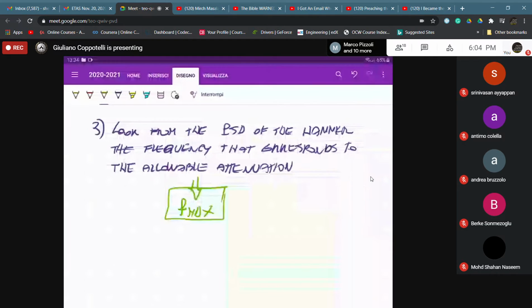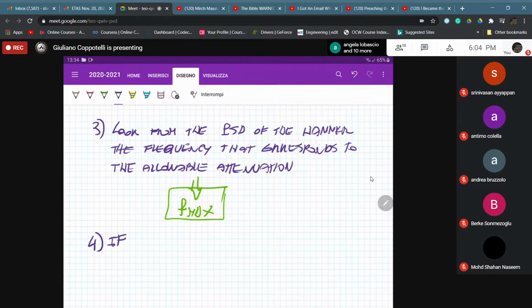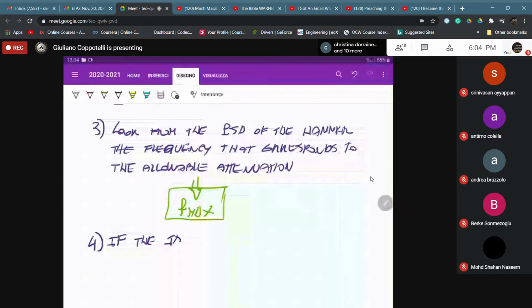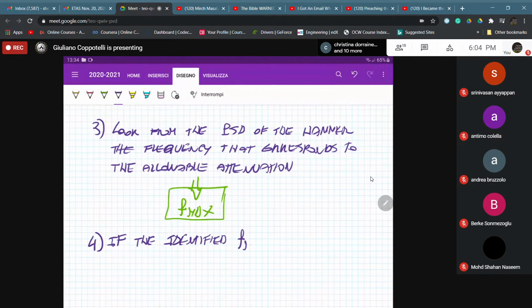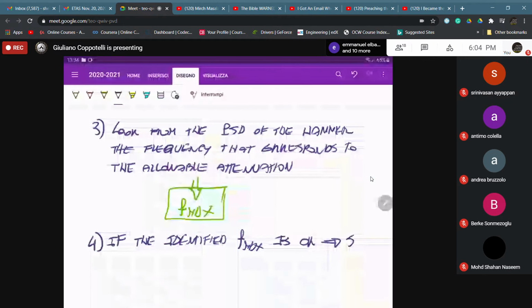Okay, so the last step, the fourth: if the identified F max is okay, then stop, you are ready.